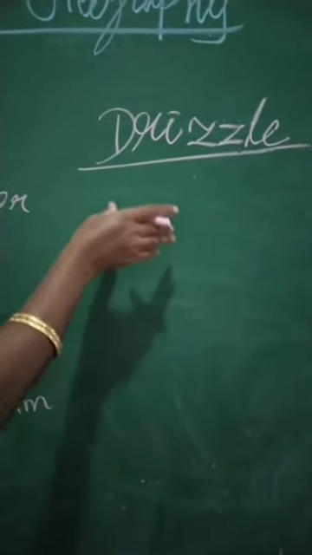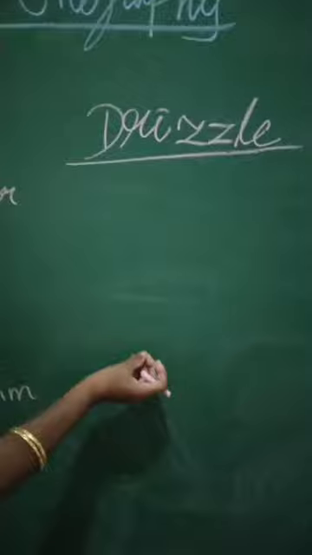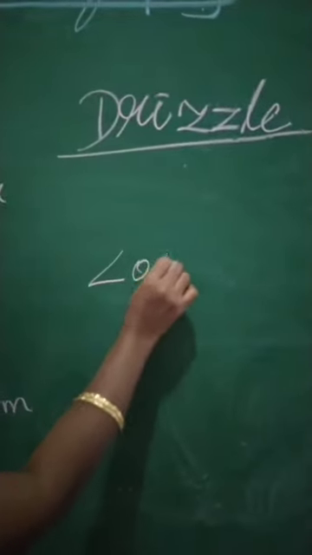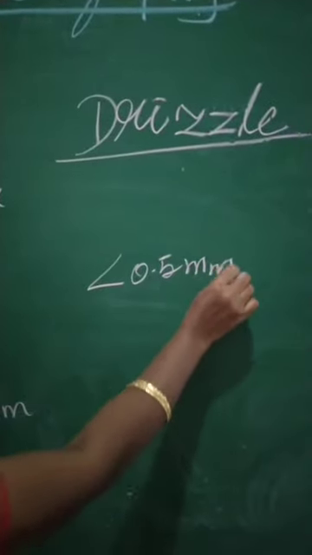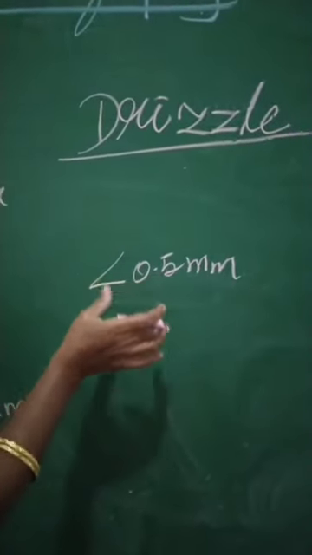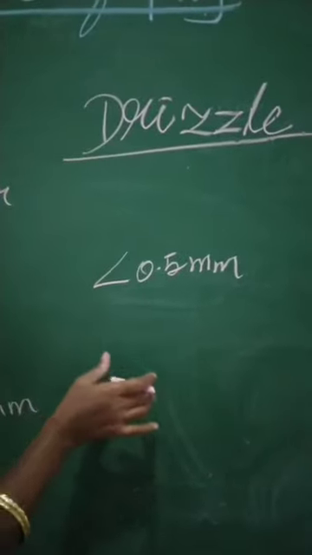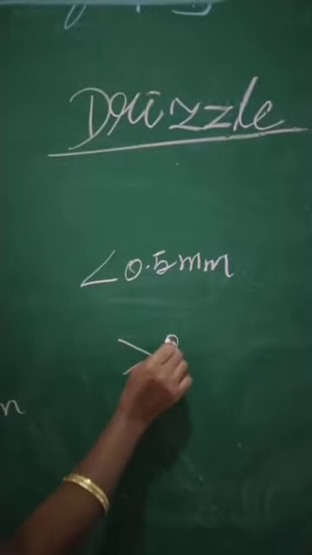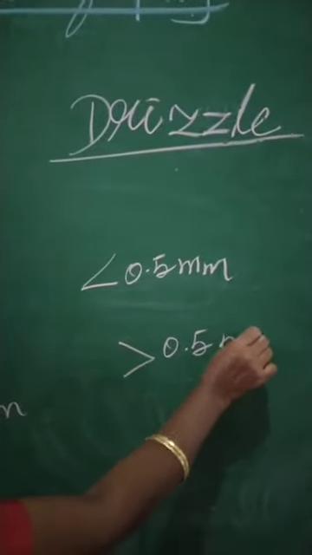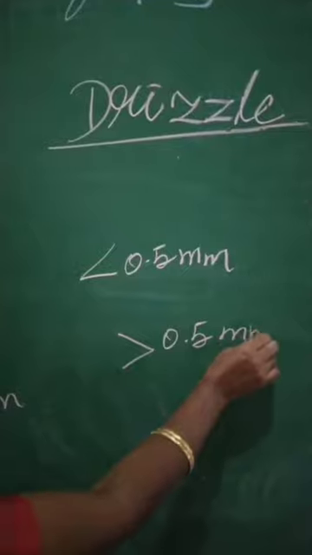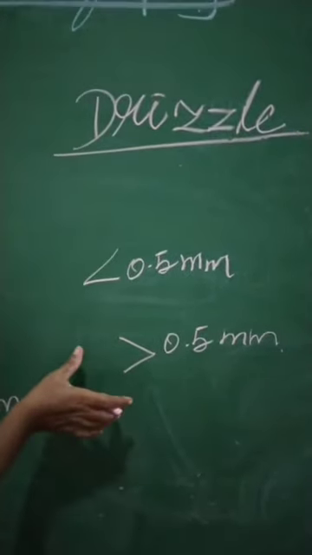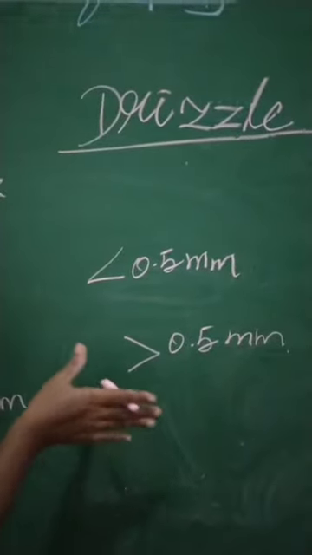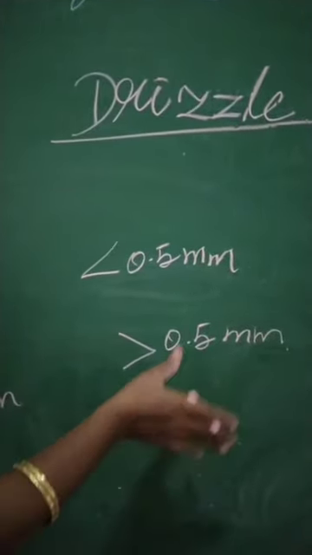The precipitation in which the size of raindrops is less than 0.5 millimeter in diameter is known as drizzle, and the raindrops greater than 0.5 millimeter in diameter are known as rain. Generally, drizzle takes place from stratus clouds.